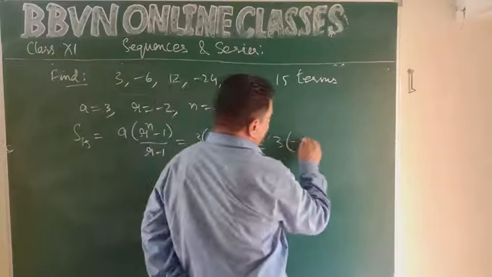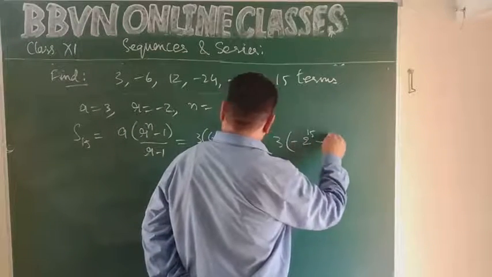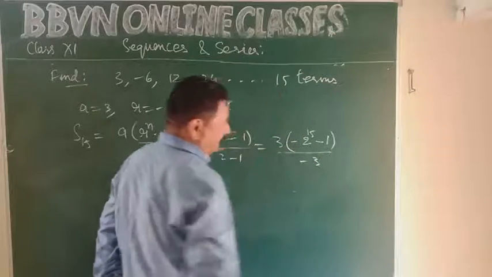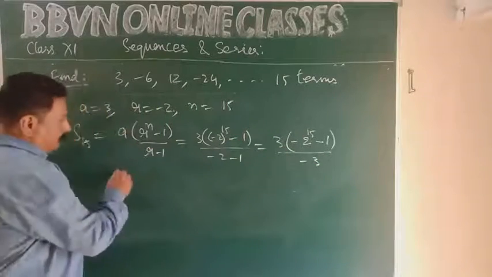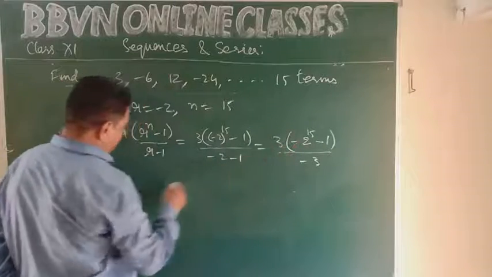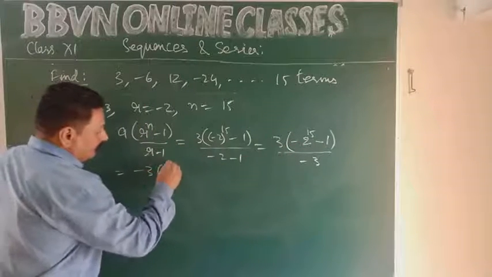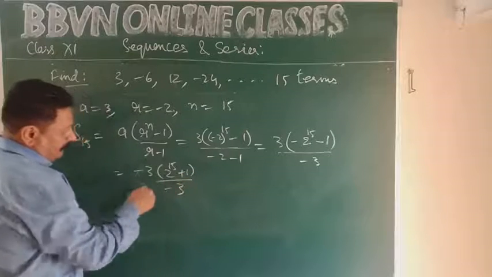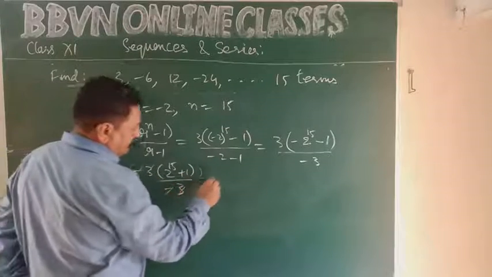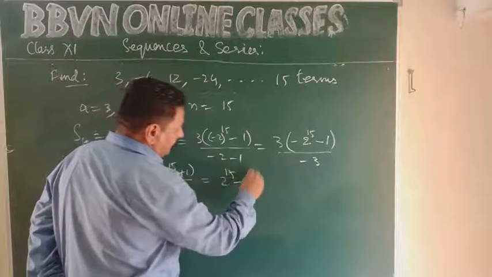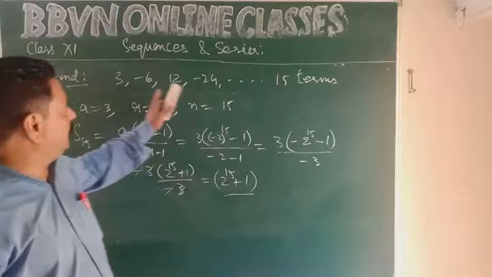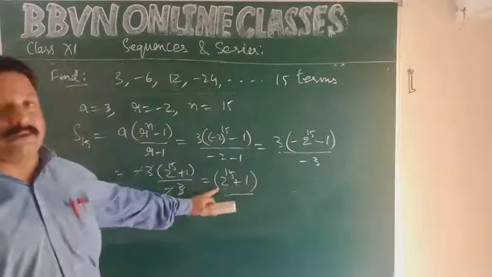So it is minus 2 power 15 minus 1, whole upon minus 3. In the numerator, I will take minus common. Minus cancels, 3 cancels. What is the answer? 2 power 15 minus 1. Sorry, plus 1. So the sum of 15 terms of this particular GP is 2 raised to the power 15 plus 1.